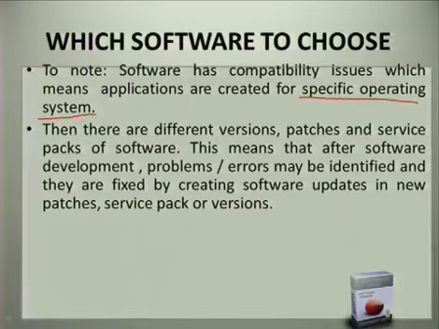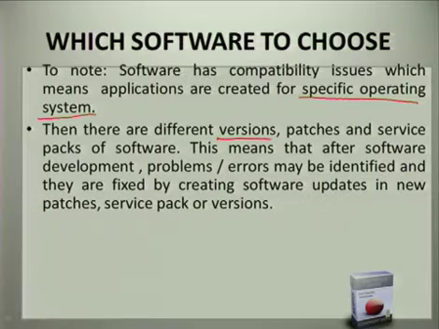Now, think of this. There are different types of software. When you look at these types of software, they are classified in terms of versions, patches, as well as service packs. This means that after software development, you sometimes get problems as well as errors. Because of these problems and errors, developers are forced to fix them.